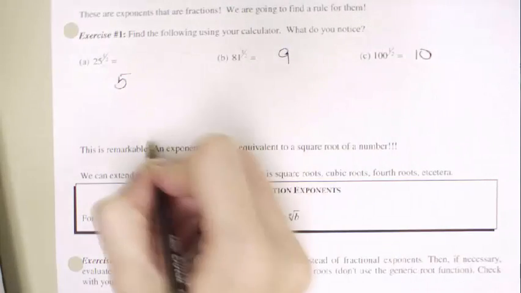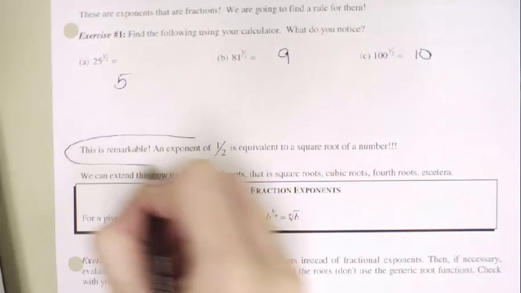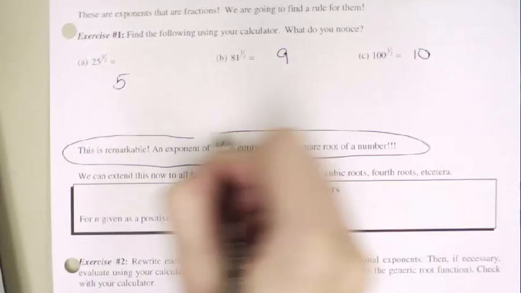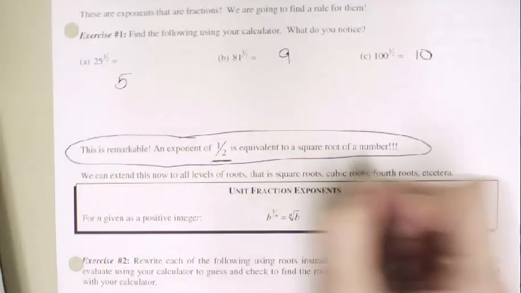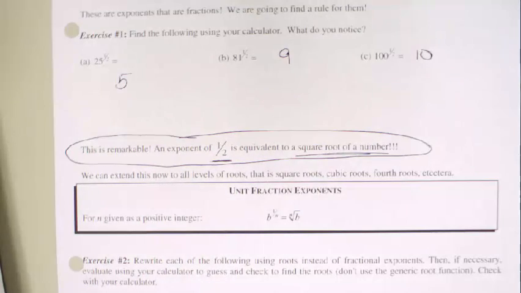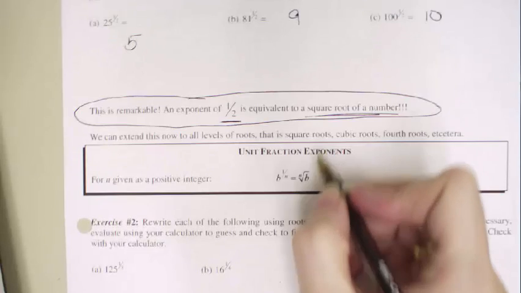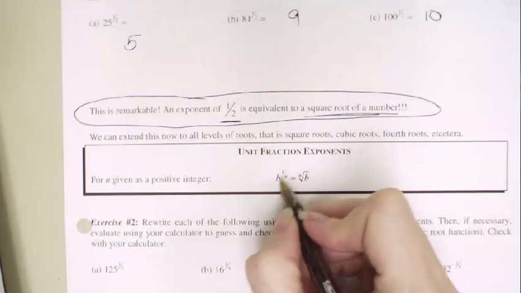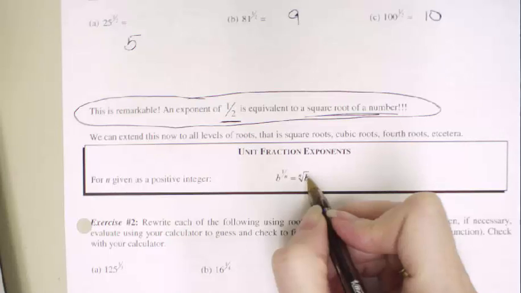And you're going to notice right here, it is remarkable that maybe you'll remember it. The exponent of the 1/2 is the square root. So this is the notation that we're going to take from that. So b to the 1/n is the same thing as writing the nth root of b.